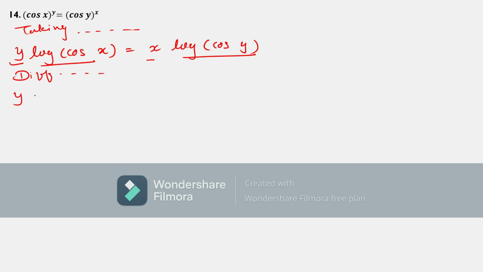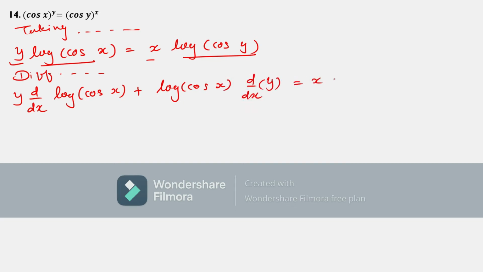So first quantity as it is, differentiation of second, plus second quantity as it is, differentiation of first. Right hand side, in a similar manner, first quantity as it is, differentiation of second, plus second quantity as it is, differentiation of first.